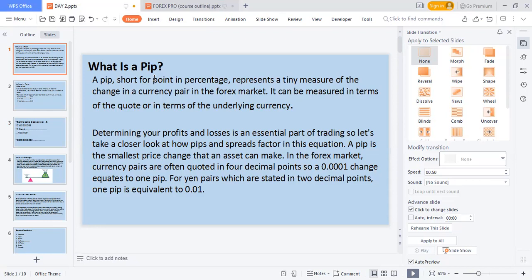While I was making my research years ago, and I still try to update myself, even though I'm a tutor online, I discovered that a pip is just simply 1/100 times 1/100.